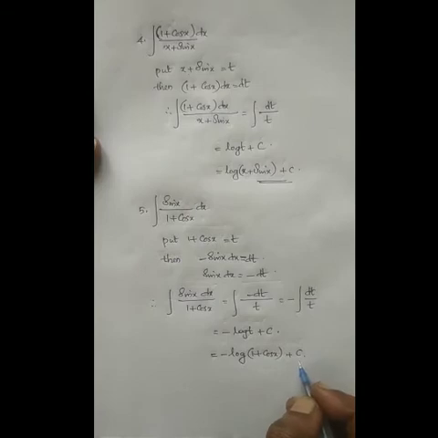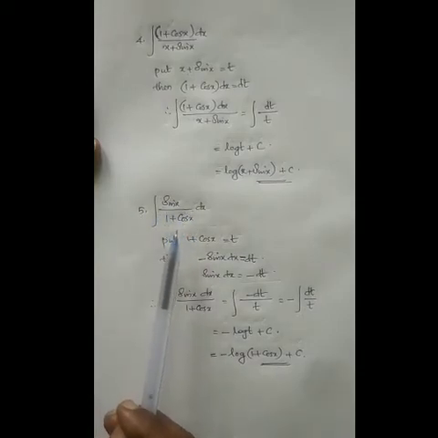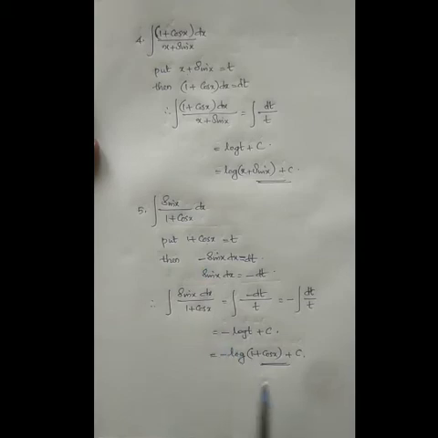Minus log (1 plus cos x) plus c. Therefore, integral of sin x dx divided by (1 plus cos x) is equal to minus log of (1 plus cos x) plus c.